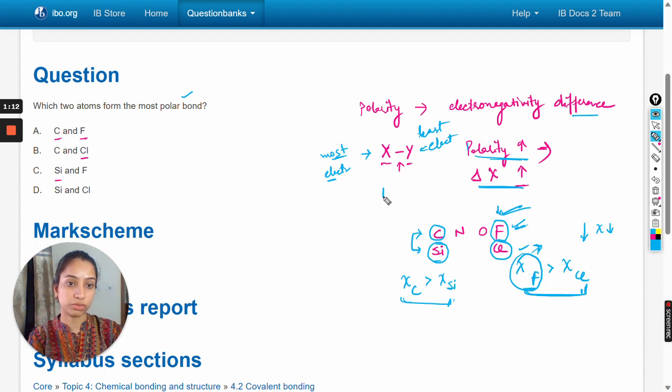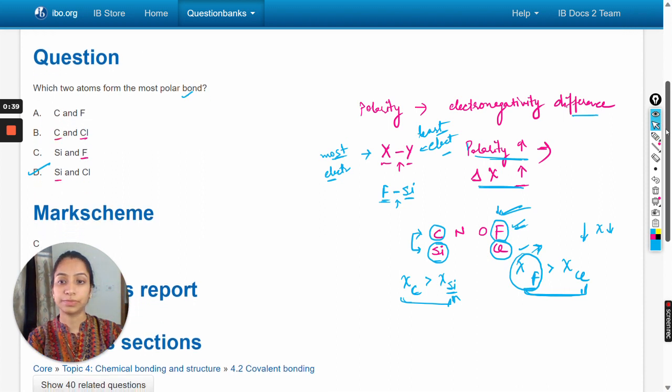So in place of X we will write here fluorine, and here we want to know the least electronegative. Carbon is more electronegative than silicon, which means silicon is the least electronegative. So the electronegativity difference between fluorine and silicon will be the most, and it will make the most polar bond. So the answer will be C option.